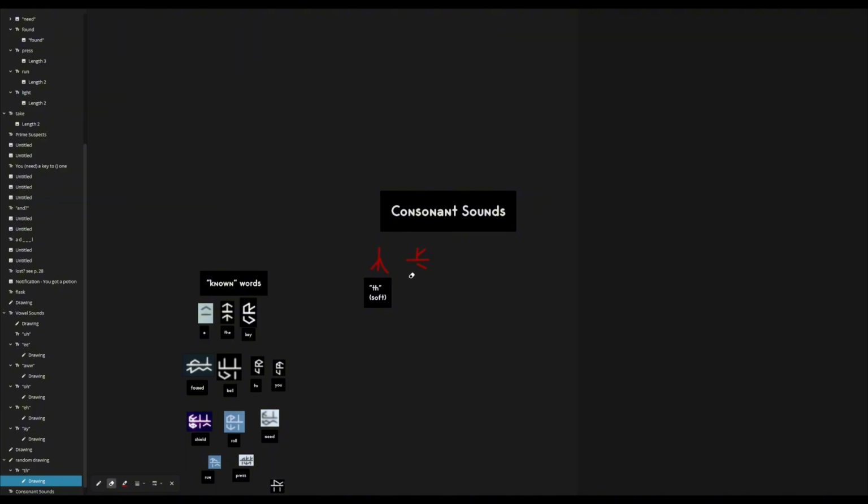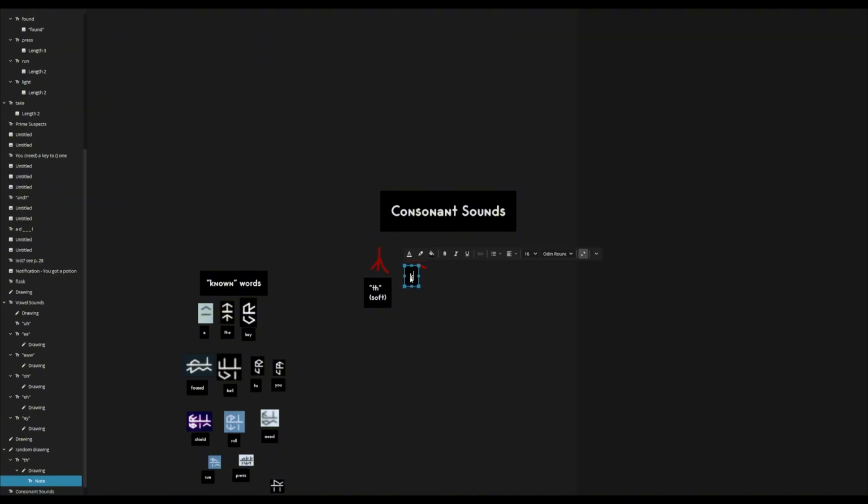All right. Okay, it could also be a hard C, but we're just going with phonetics here. So, K, there. Ten hours later. Okay, so K for key.